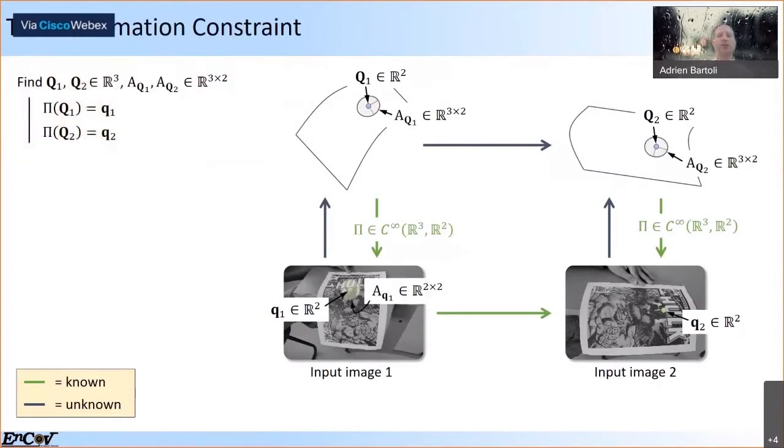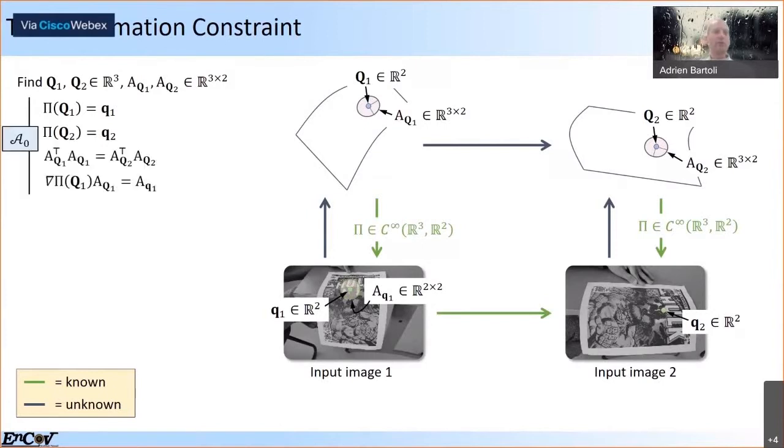So we keep on modeling, and we introduce the local differential structure around the points. The aim of introducing this, of course, is to be able to model something on the deformation of the objects with isometry. And we introduce the local area in the first image to be able to reason about this local structure.